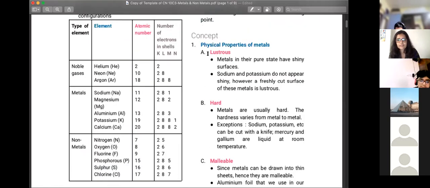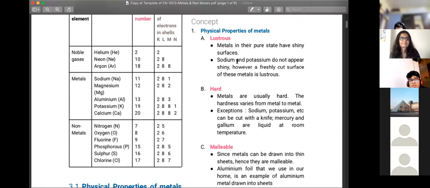We haven't discussed where you use the property of luster in metals. Gold jewelry for decoration. Decoration, yes, jewelry makes it shiny, looks good, absolutely. But there is a functional use for it.